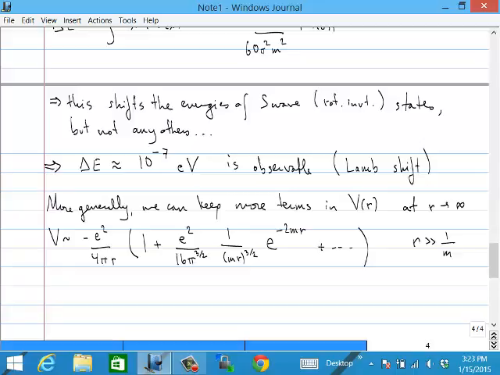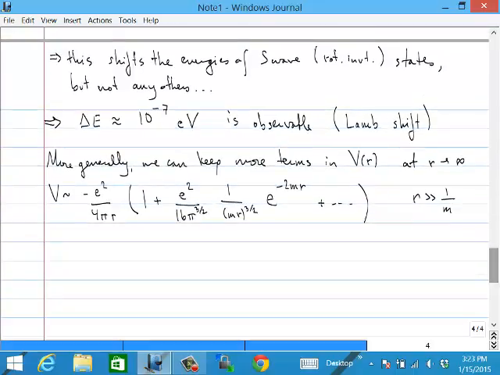And then for R much bigger than the Compton wavelength of the electron, this is the leading term in the quantum correction to the Coulomb potential. And this correction is known as the Uehling potential. Okay, I believe that's how it's pronounced. Maybe he was Swedish.